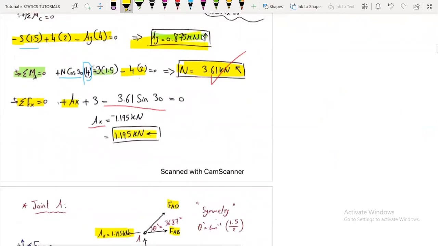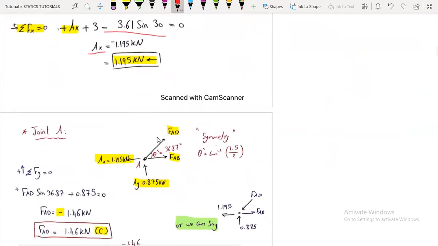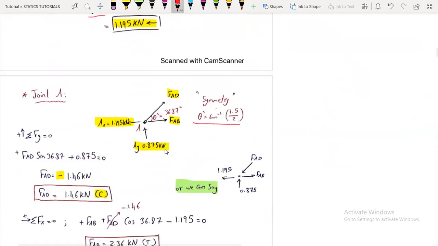Here the angle we can find by tan inverse of this length, 1.5 over 2.